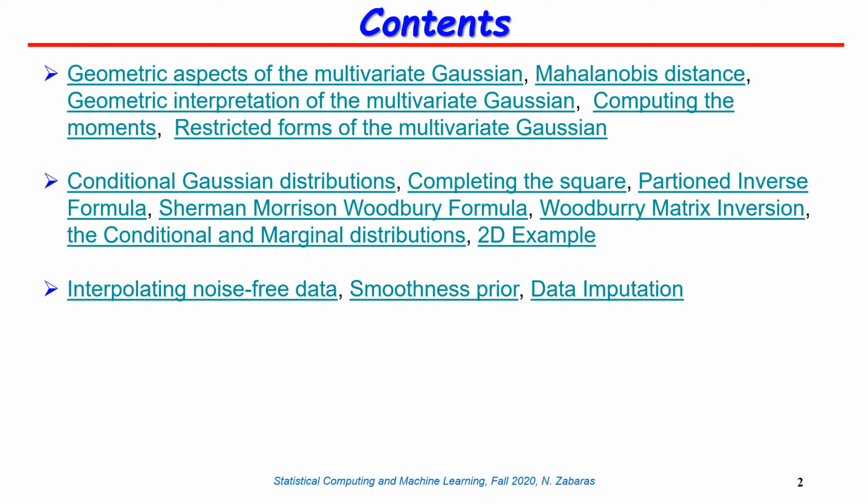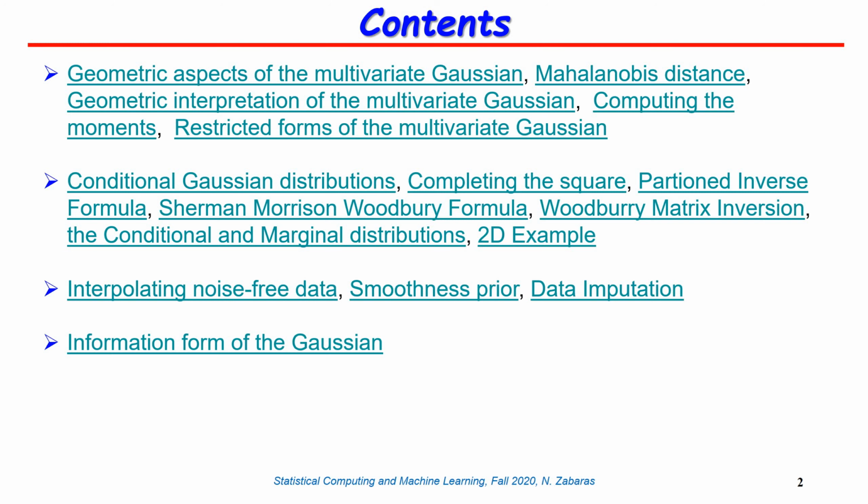So, if I give you a few data points and you need to interpolate in between them in space or time, we will see how we can do this with the assumption that the data follow a Gaussian distribution. We will bring up the concept of a smoothness prior, and also we will talk a little bit about data imputation.